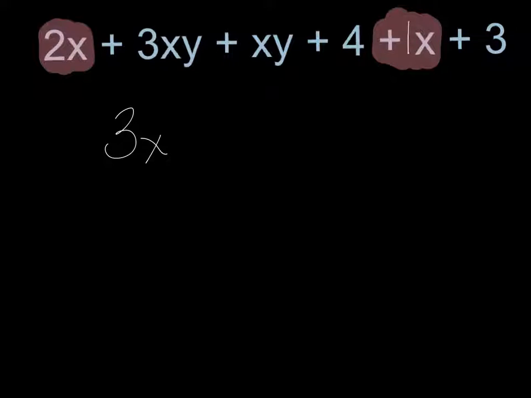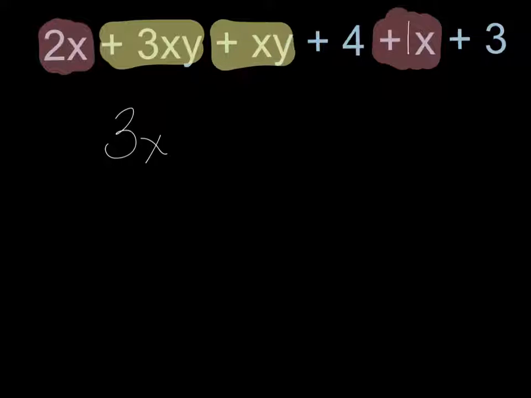Okay, next, let me pick a different color. Let's see, yellow. Okay, so next we're going to look for all of the terms that have not a 3, but have an x and a y after the coefficient. So we're looking for x, y, x, y. Oop, here's one right here, x, y.